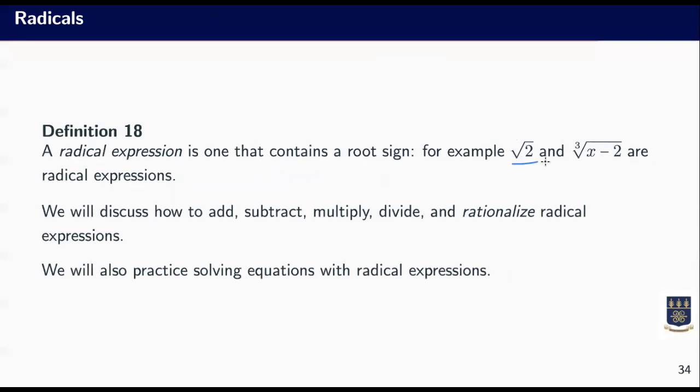Like this one, this is also a radical expression. And so we will discuss how to add, subtract, multiply, divide, and then rationalize radical expressions. So here, when you have a quotient and the radical occurs in the denominator, we will want to rationalize. And then sometimes we can solve equations that have radical expressions.